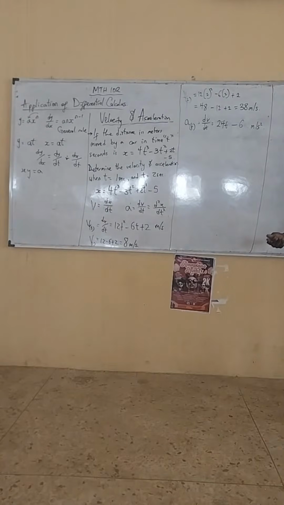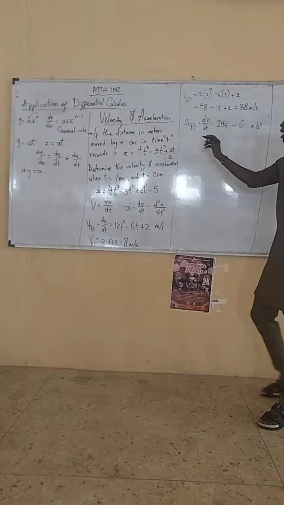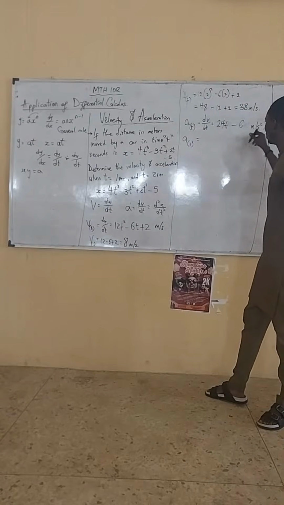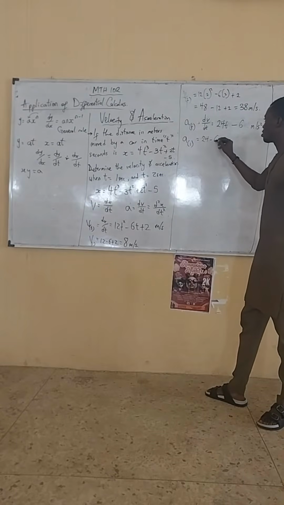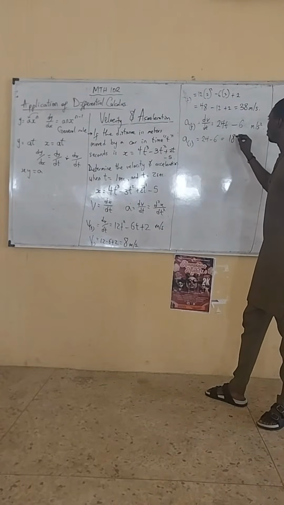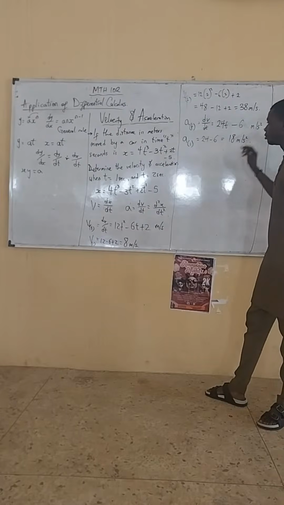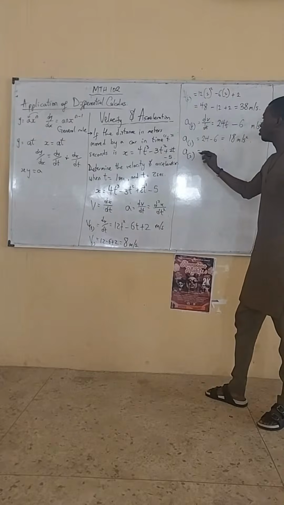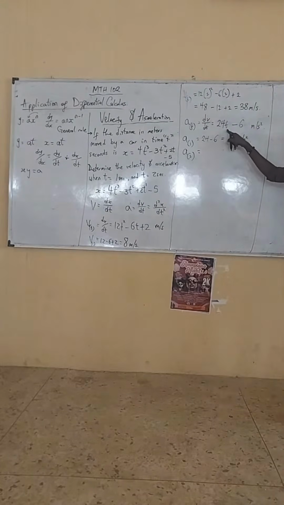Now, the acceleration at 1 second and at 2 seconds. So we substitute 1 into this: 24 minus 6. That gives us 18 meters per second squared. Then at time 2, we put 2 into this also.